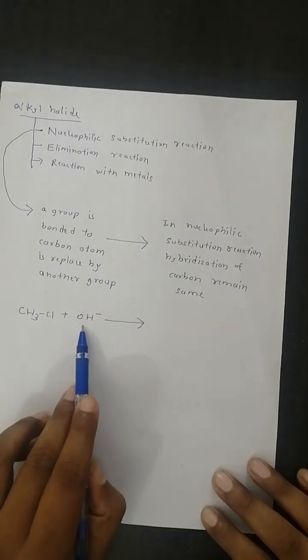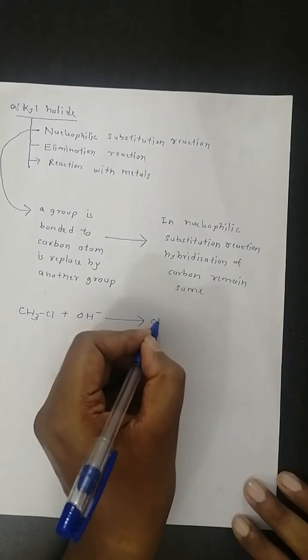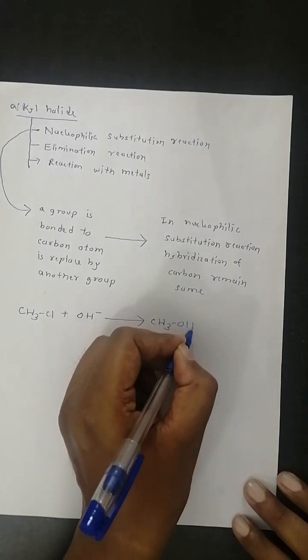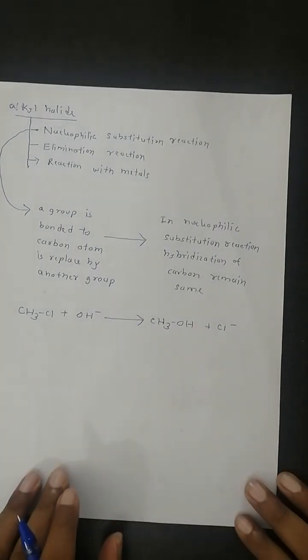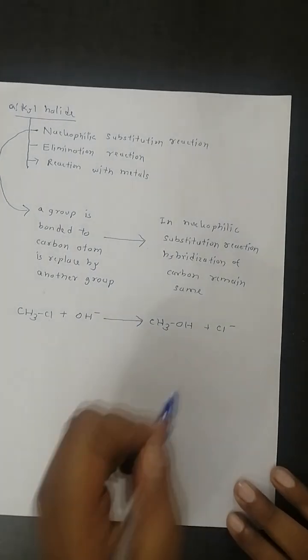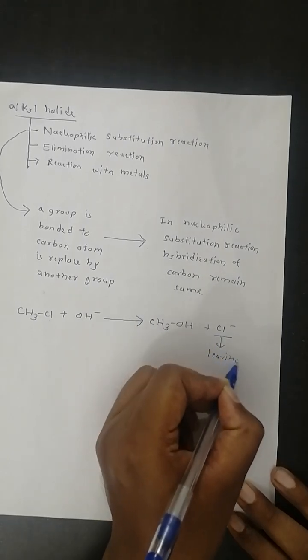To the position of chlorine, OH gets attached. So you will get the product CH3OH and Cl minus comes out. This Cl minus is called the leaving group.